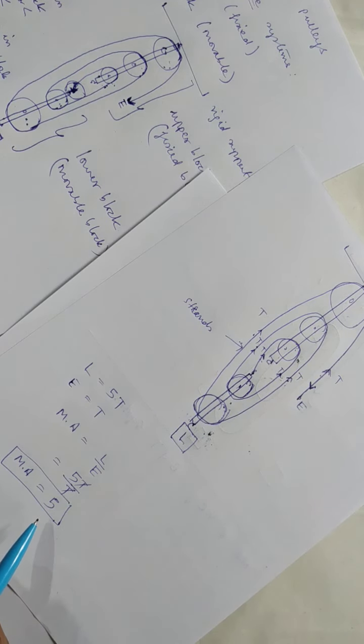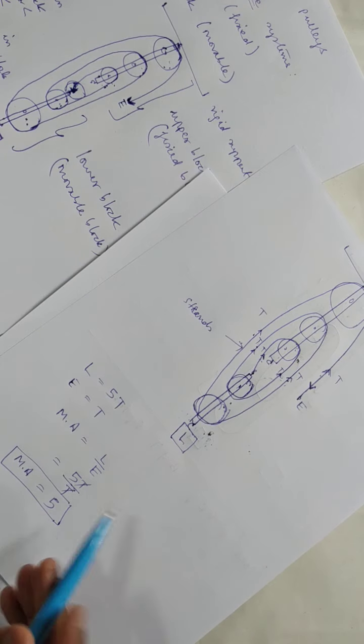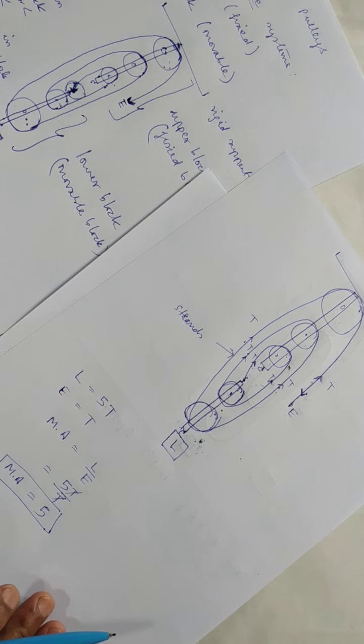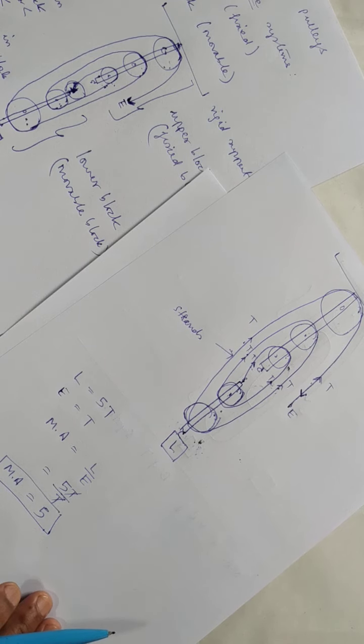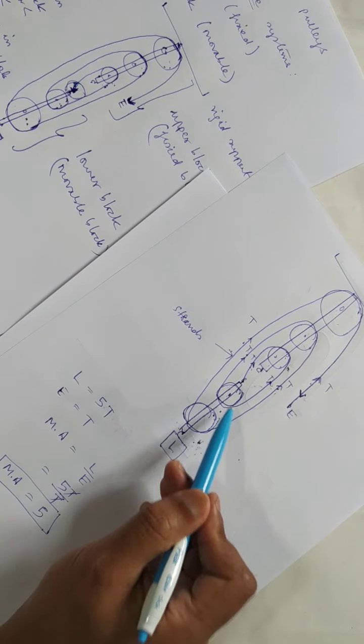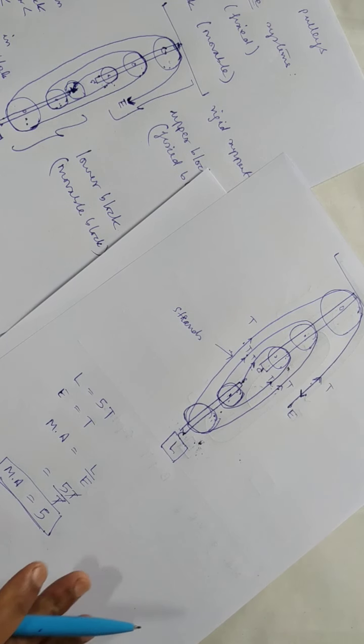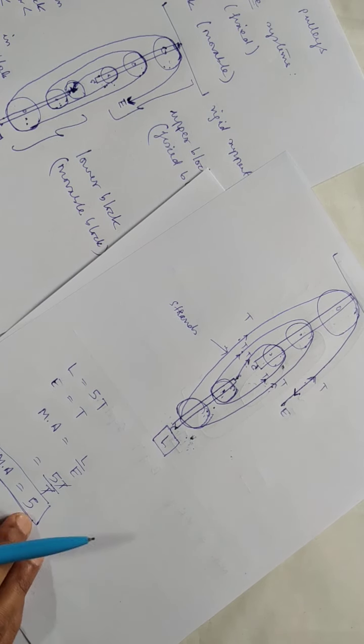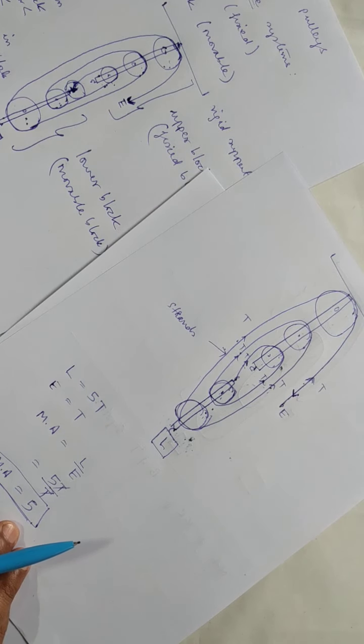So we can say that if there are n number of pulleys, then the mechanical advantage will also equal n. Here it is 5, so the mechanical advantage is 5.